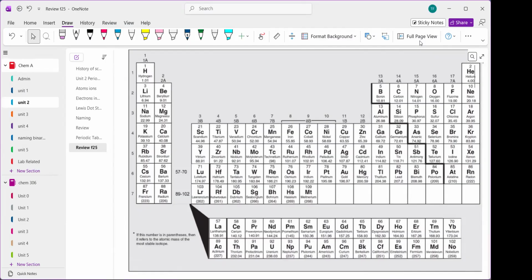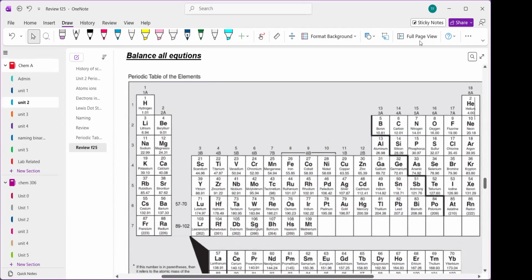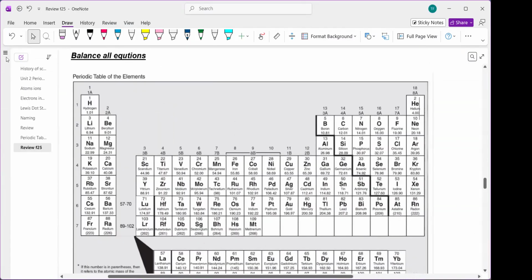Because it's two-dimensional, there are columns and rows. The columns are called groups. And every group has got a fancy name. You're going to have to know 4 of them.